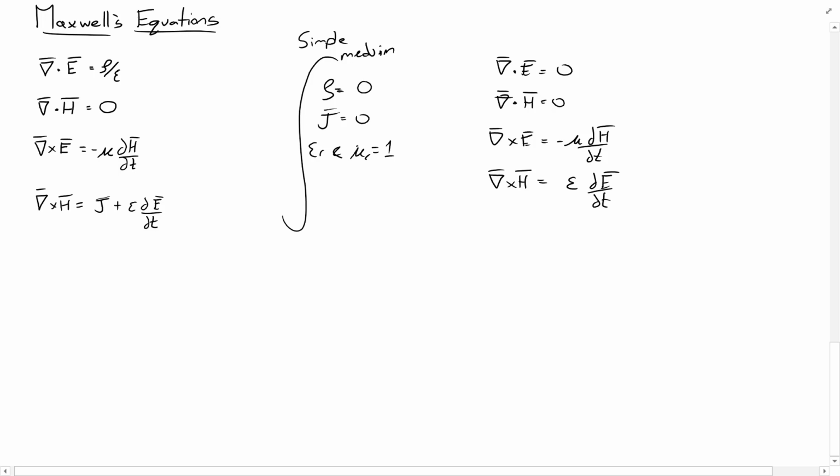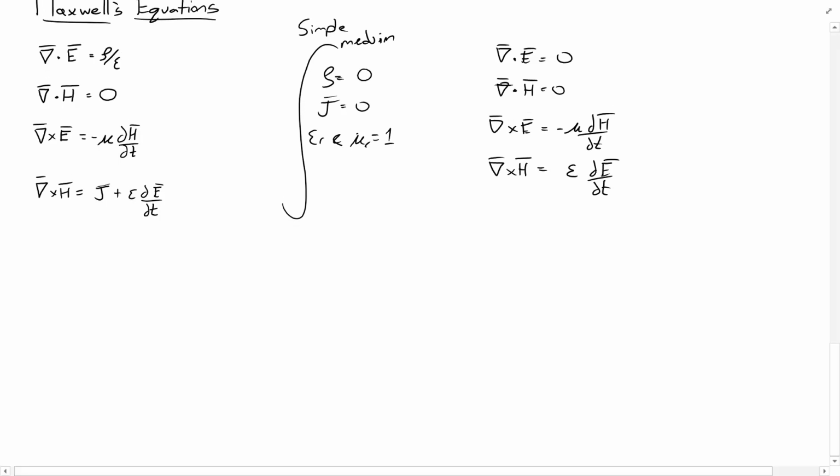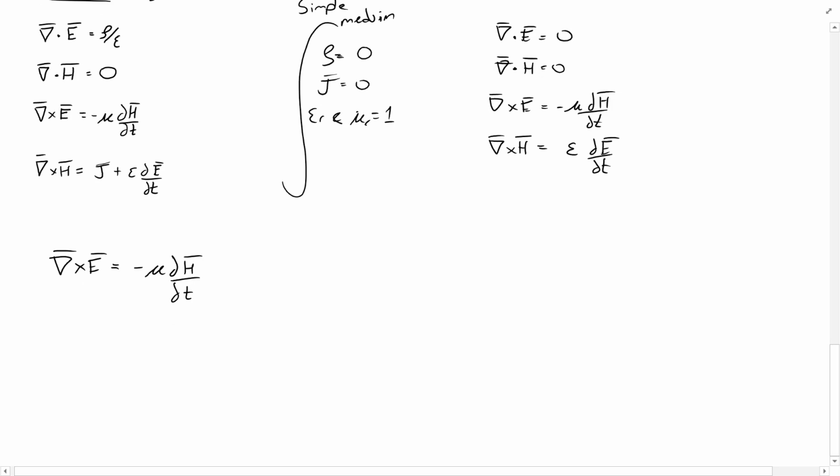So to get our wave equations, we're just going to first look at Faraday's law here, and to get it to look like a wave equation, we apply the curl to both sides of this equation. So that'll just look like this.